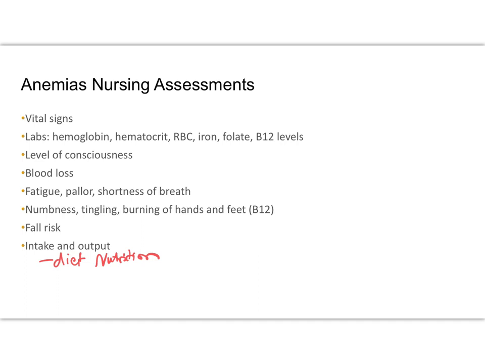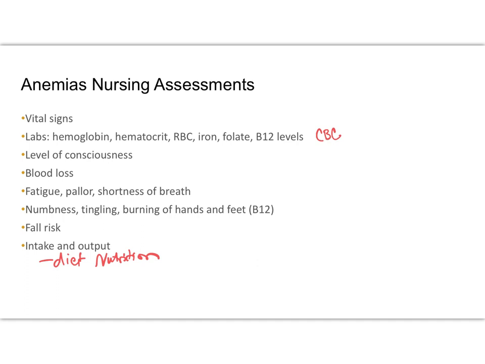And then labs. When we do labs for checking for anemia, we're going to target labs that are going to help us tell the reason. So you want a CBC, and with that, they're going to look at some iron, folate, and B12 levels, because that's going to tell me, is it iron deficiency? Is it a B12 deficiency?